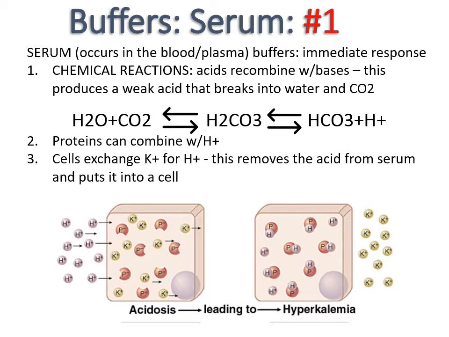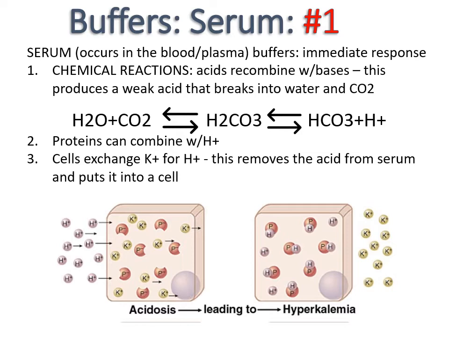Okay, so what else can the serum do? As H+ increases, meaning acidosis, there's a system where cells can trade off an H+. They will take an H+ into the cell, and they will secrete a potassium molecule, K+.